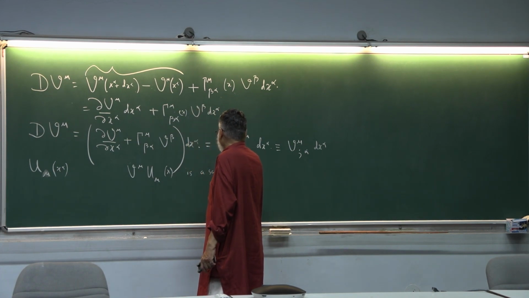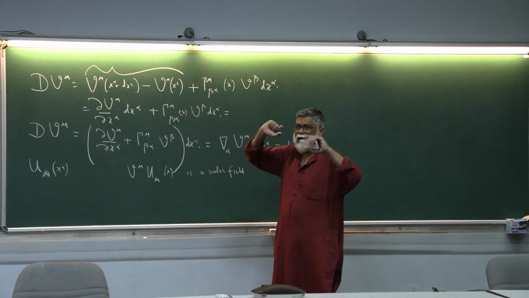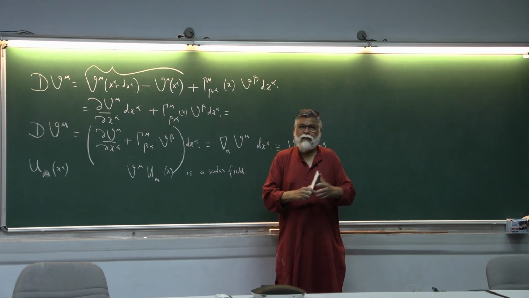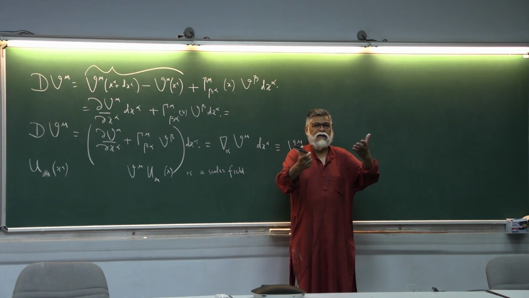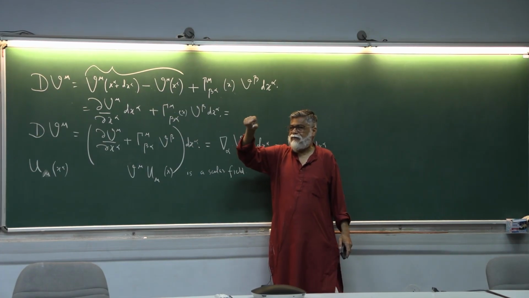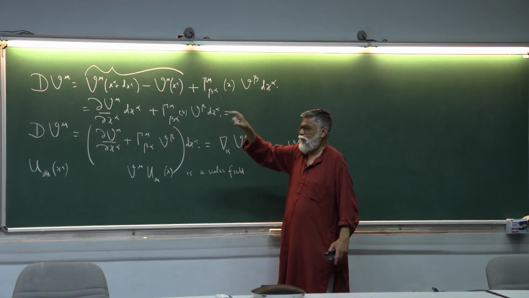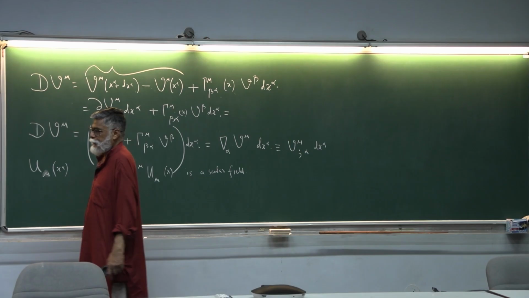Scalar meaning it doesn't change when we make a coordinate transformation. That we have seen when we were doing the differential geometry. We saw that when it's an inner product, it comes out of df comma v vector, and it doesn't depend upon which coordinate system you are choosing.